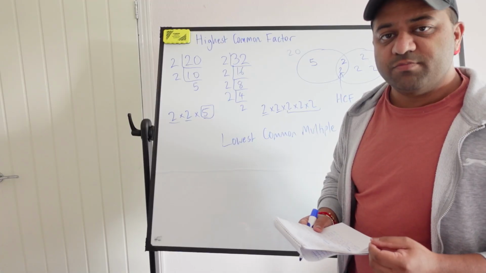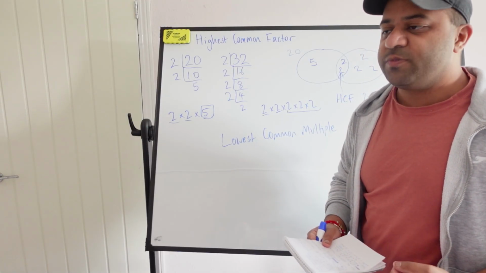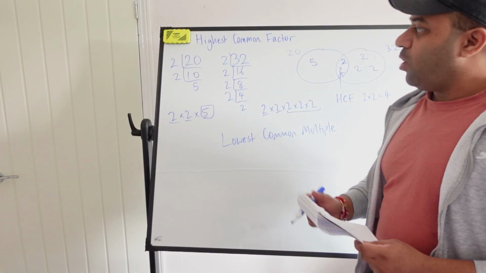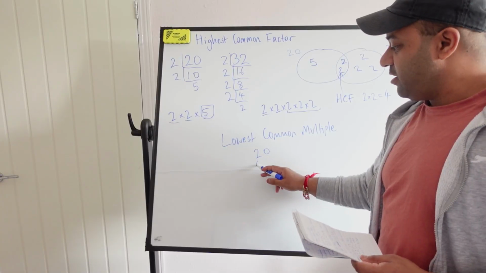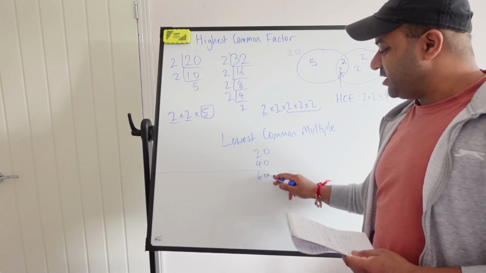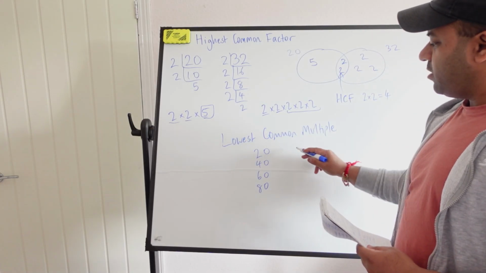Another example, the multiples of 3 are 3, 6, 9, 12. So, what are the multiples of the number 20? Well, that would be 20, 40, 60, 80, and so on.